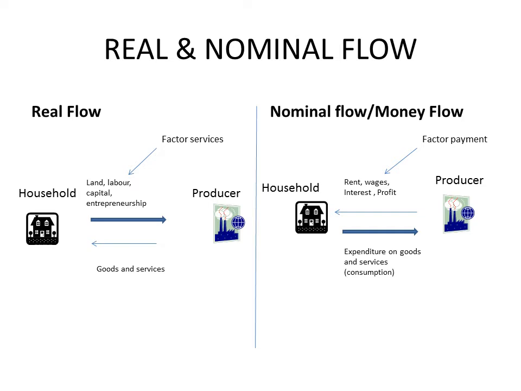This payment made by the producer sector, which we also call factor payment, is in the form of rent, wages, interest, and profit for the factor services provided by the household.